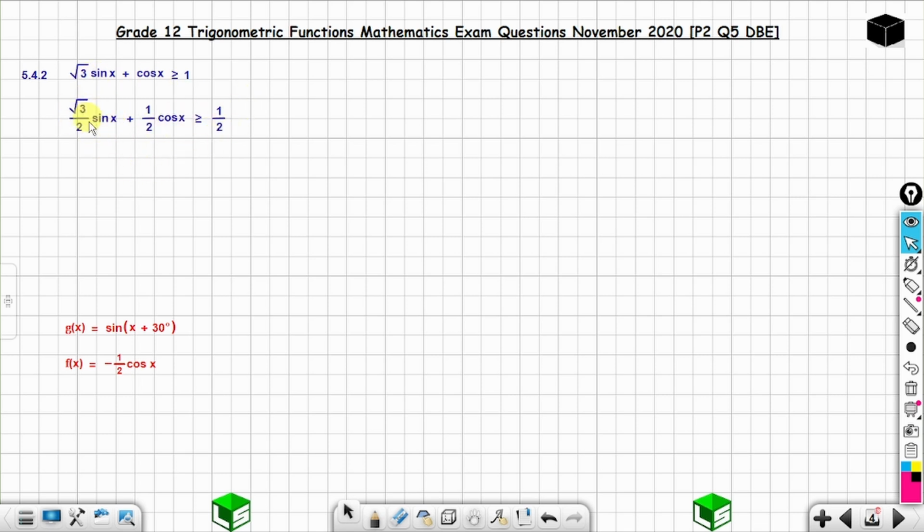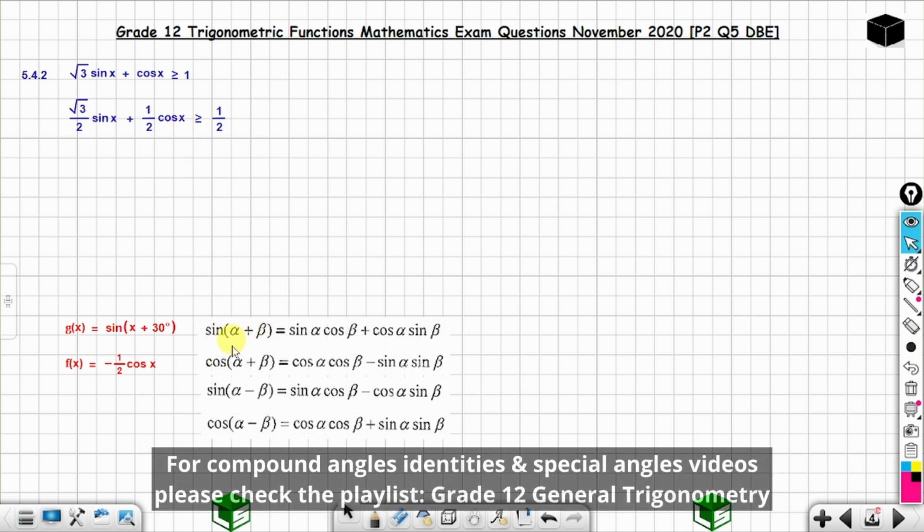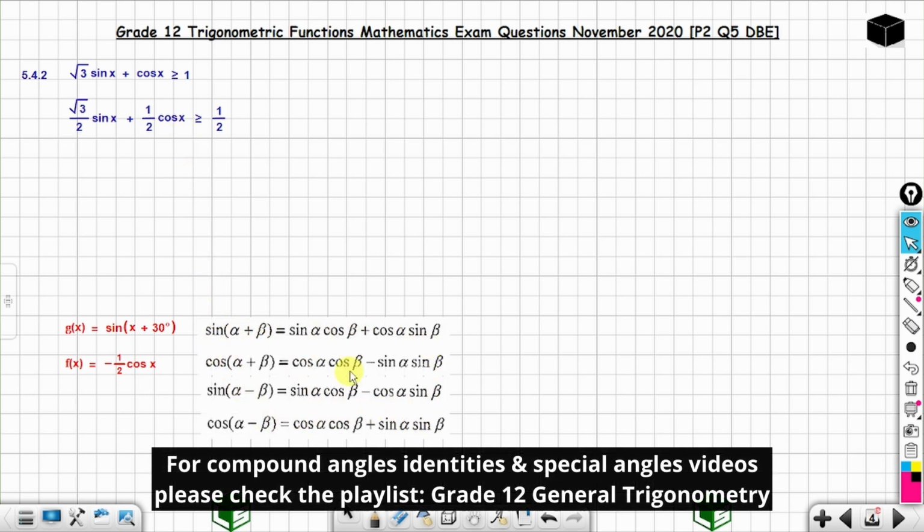You can see you have sin x on this side and cos x on this side. So what you have to think about is the compound angle identities. You can see this on the information sheet. I'm going to make a video in which I discuss compound angle identities. You can find this on the information sheet.